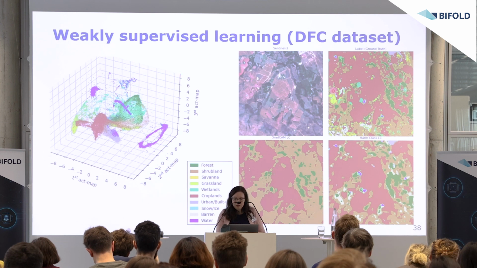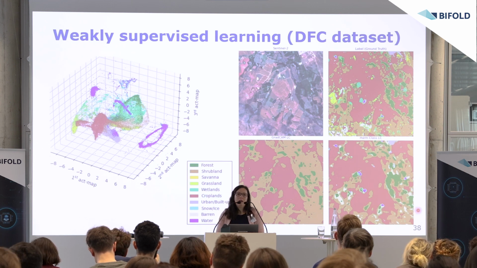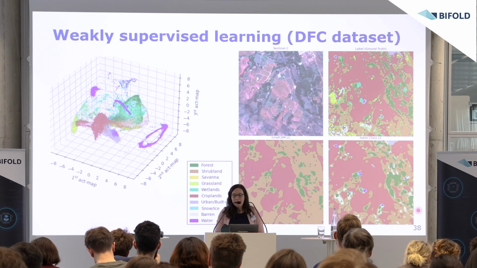And here, for example, this is an image from the DFC data set. You have here the ground truth. And this is the semantic segmentation map we obtained from GradCam. Also work in progress, but a promising way, I would say.